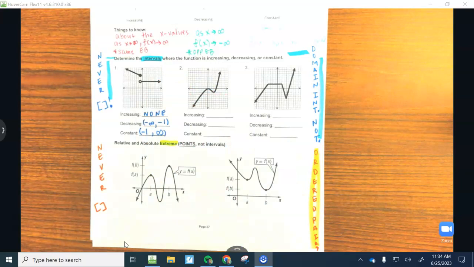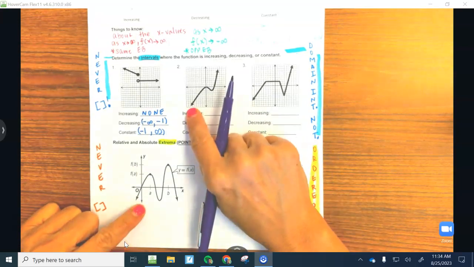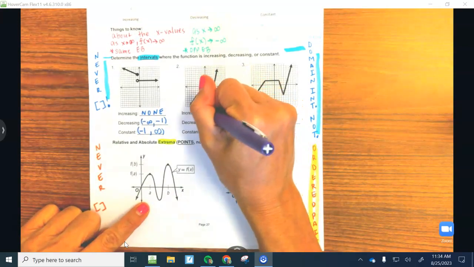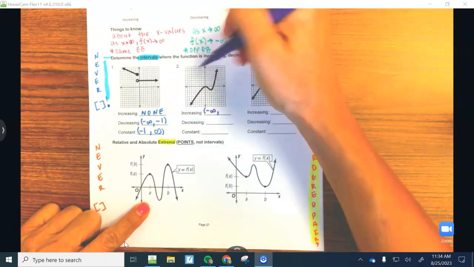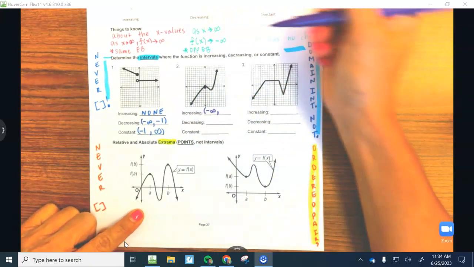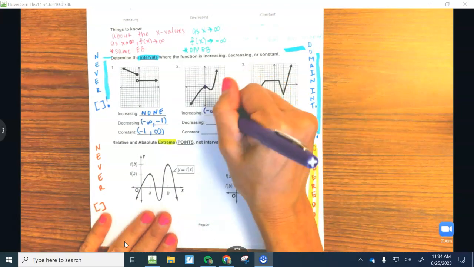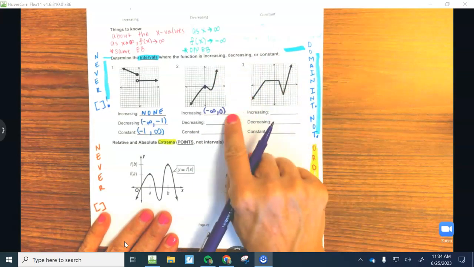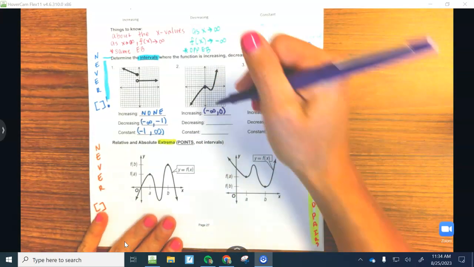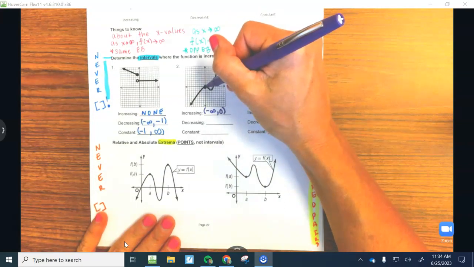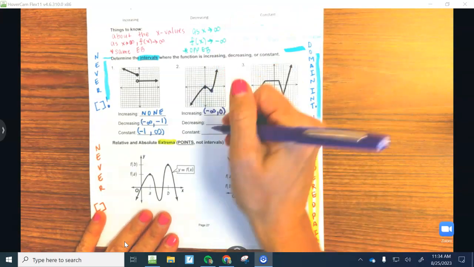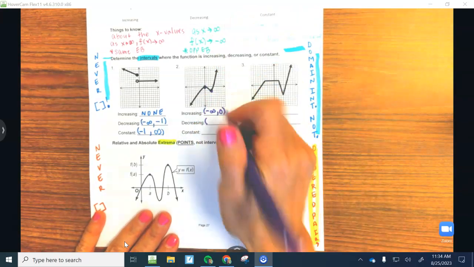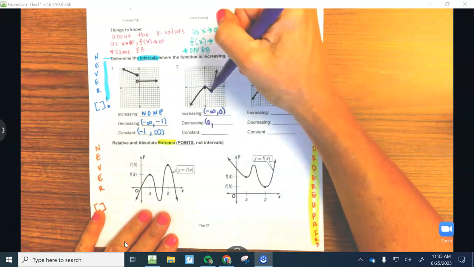Okay, now let's take a look at the next one. We have some arrows here. As soon as I touch this arrow, my finger would climb up the page. So it is increasing from negative infinity to that point right there, which is the origin. So I'm going to write 0, and I'm going to write kind of small because there's another piece where it's increasing that I have to fit. I'm just going to continue to move from left to right. After it hits the origin, it starts swirling down right here. So here's where it's decreasing. It's decreasing from 0, where it left off, and the graph continues to go down.